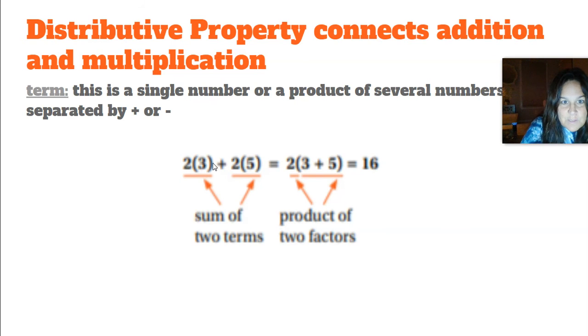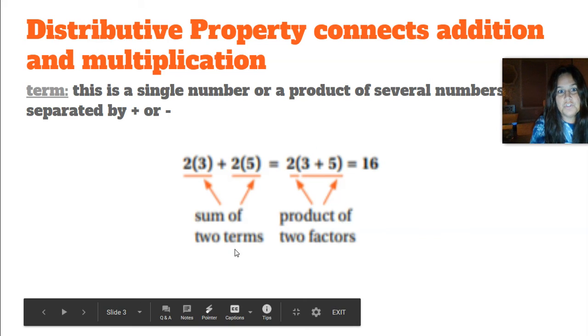So this plus sign is right here. So I know that 2 times 3 is a term, as well as 2 times 5 is also a term. So on this side of our equivalent expression, we've got the sum of two terms.